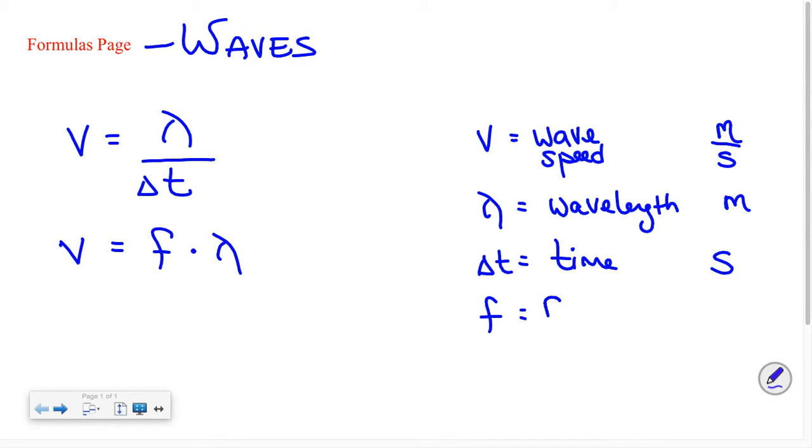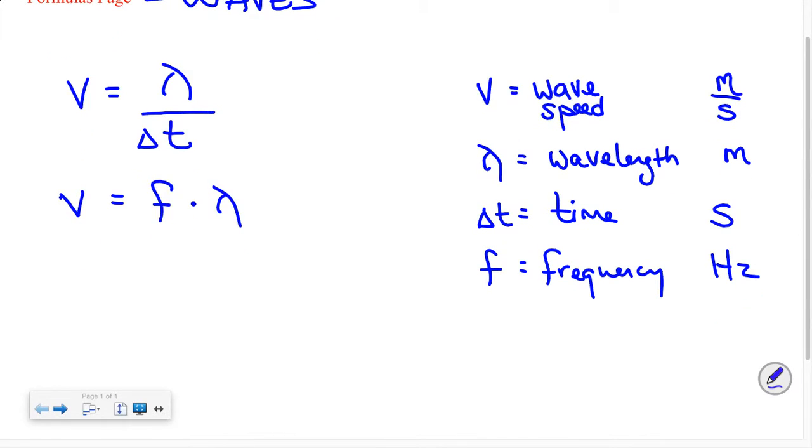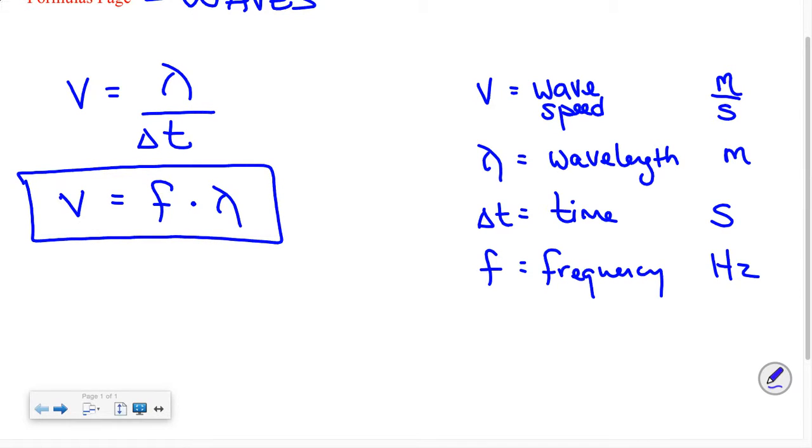So let's add frequency over to this side. Now, if you remember, frequency has a unit called a hertz. Hertz is simply cycles per second, and that's what they call that. Now, if I wanted to, I could take this equation that I just wrote, wave speed equals frequency times wavelength, and I could just algebraically manipulate that, and I could solve for frequency.